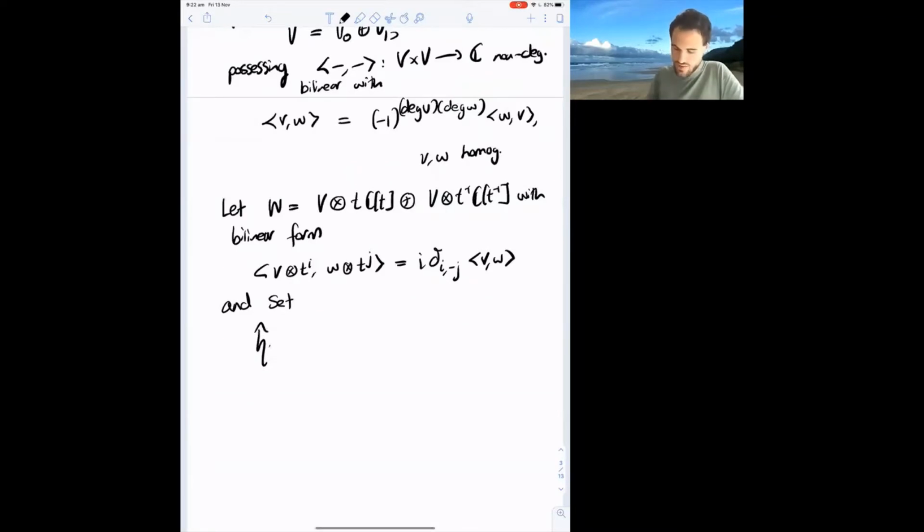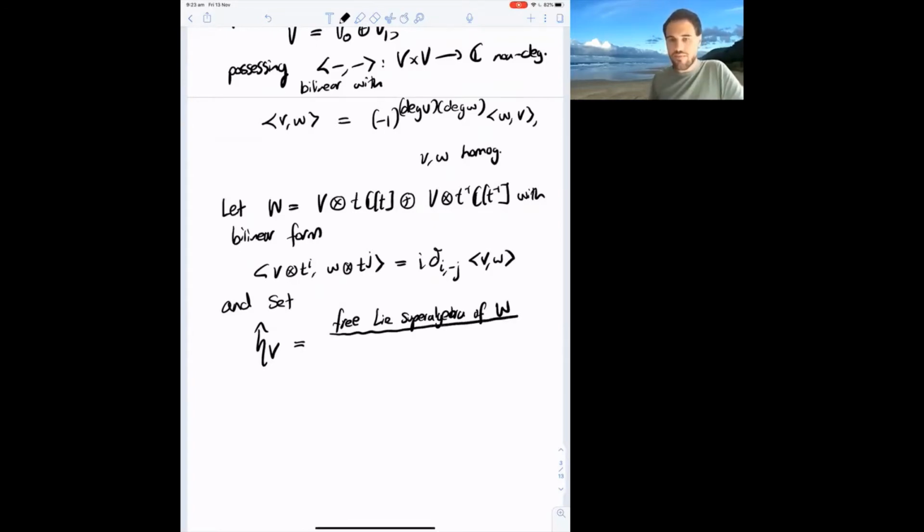So the super Heisenberg algebra associated with this super vector space V, we take the free Lie superalgebra of W, and I'll have a remark in a second about what a Lie superalgebra is.